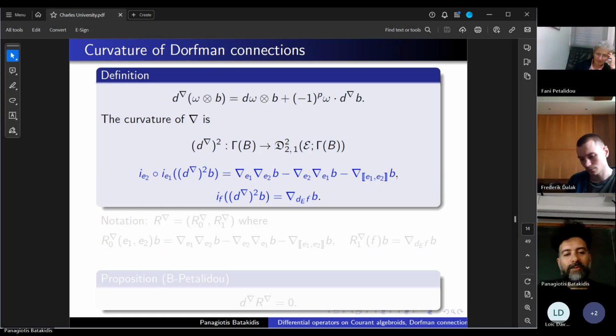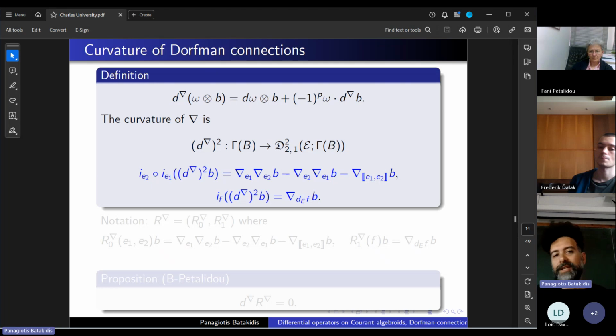So what we decided to do is, even though we had a nonlinear connection, we are not going to try to correct anything, either with some basic curvature or some Galtgary type of definition for the curvature.